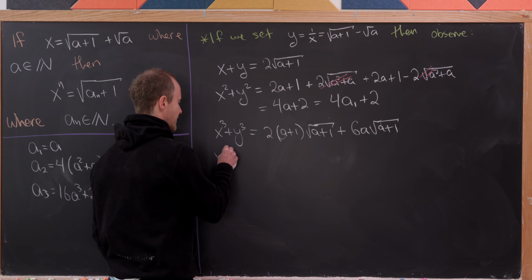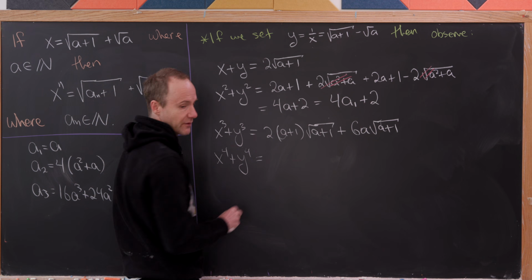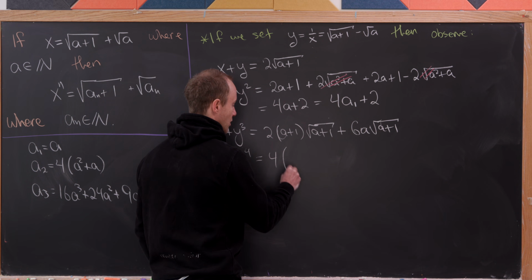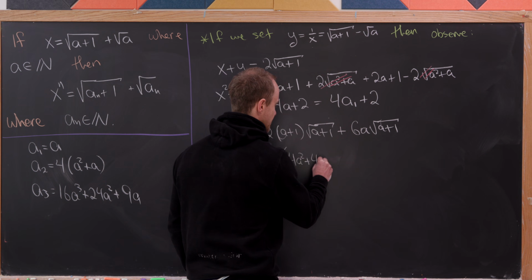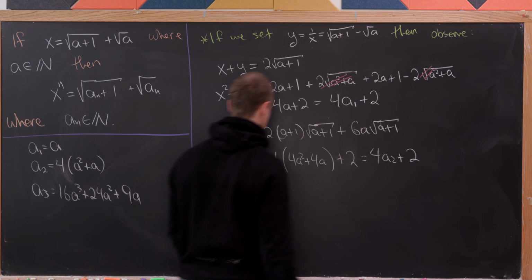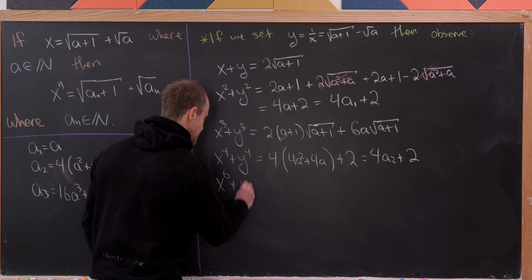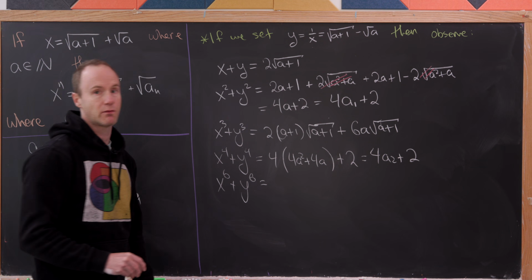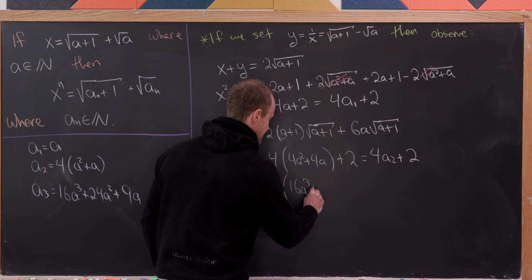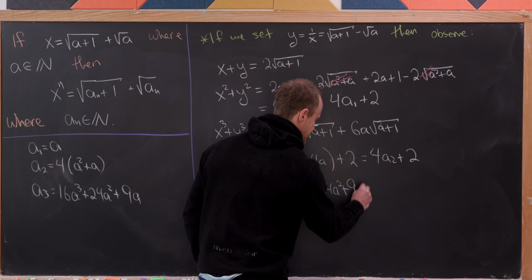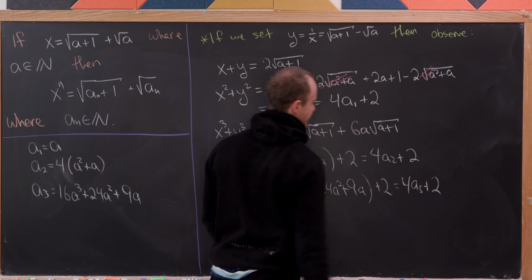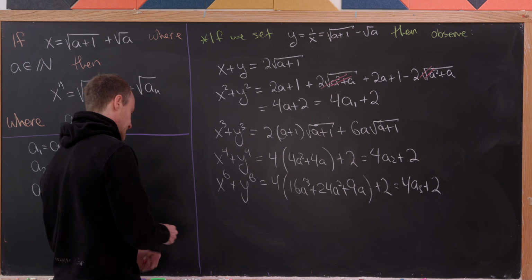And let's see that happen with x to the 4th plus y to the 4th. If you expand this out, what you'll see is you get 4 times 4a squared plus 4a plus 2. In other words, it's 4 times a sub 2 plus 2. And then if you continue this on, x to the 6 plus y to the 6, and you expand that out, you'll see that you get 4 times 16a cubed plus 24a squared plus 9a plus 2, which by our definition over here is 4 times a sub 3 plus 2.